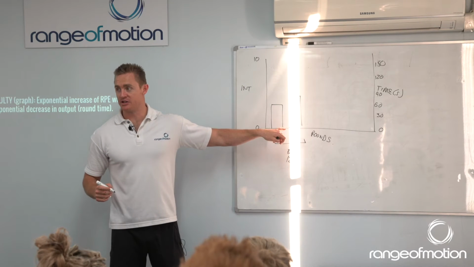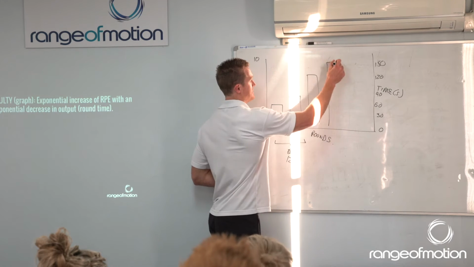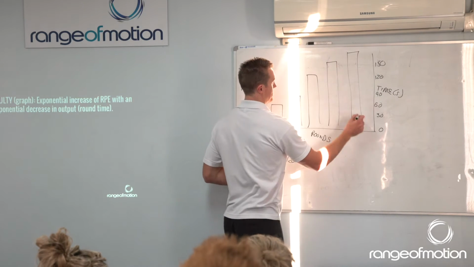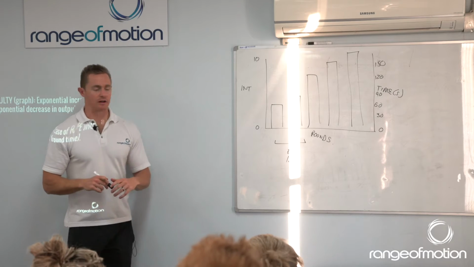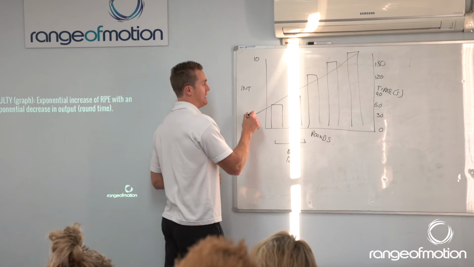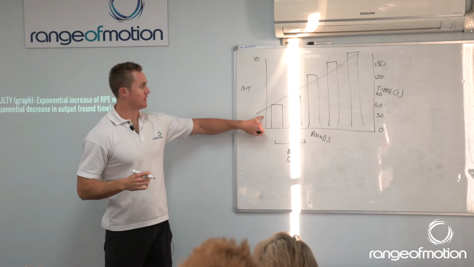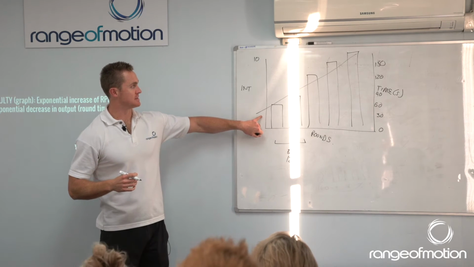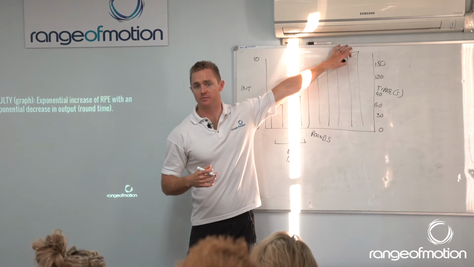They've used an inappropriate energy system, however, and then they hit the wall, and suddenly the rounds go like this. So they get a linear increase, or even an exponential increase in their round time. What they were doing in 50 seconds at the start, they've now added over 2 minutes to.